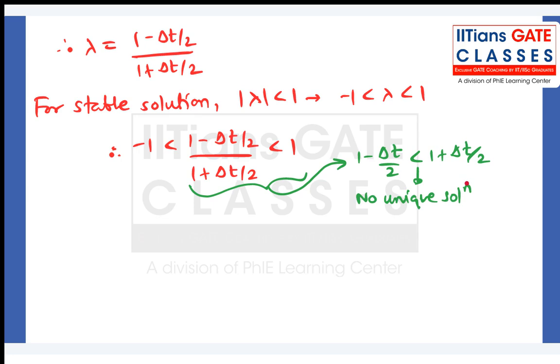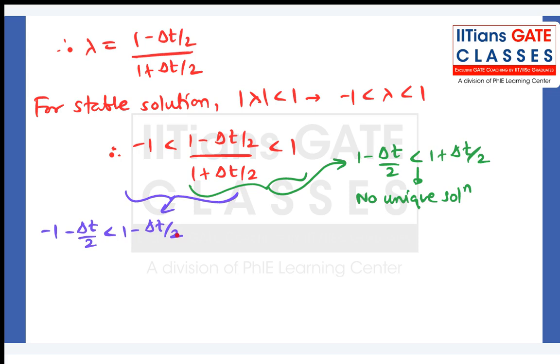What if we solve the second part of the inequality, which is this part? If you do that, you'll get -1 minus delta t by 2 should be less than 1 minus delta t by 2. Okay, and again there is no unique solution here because -1 will always be less than 1 for any value of delta t that you choose.